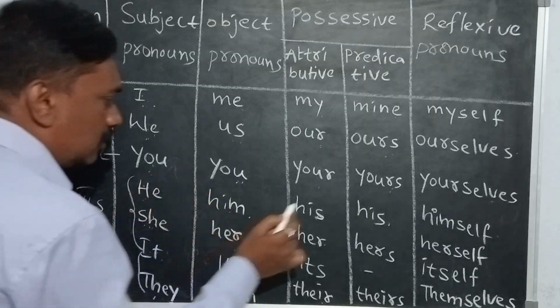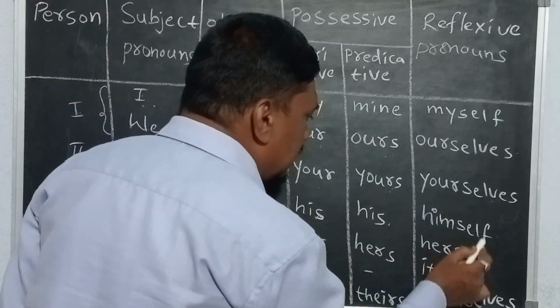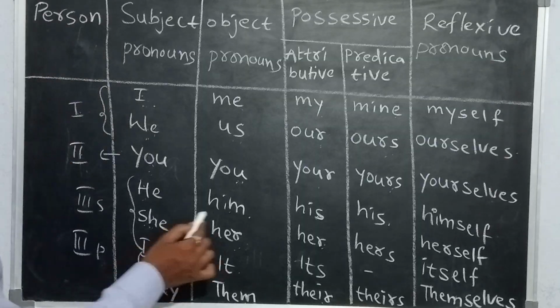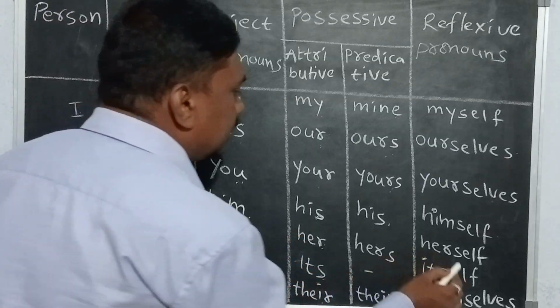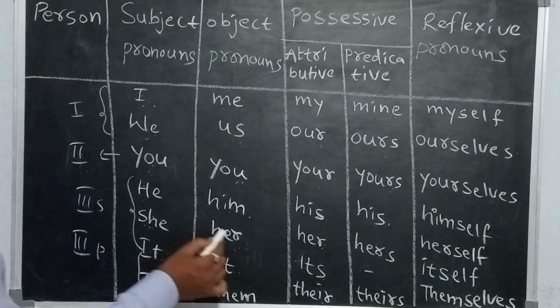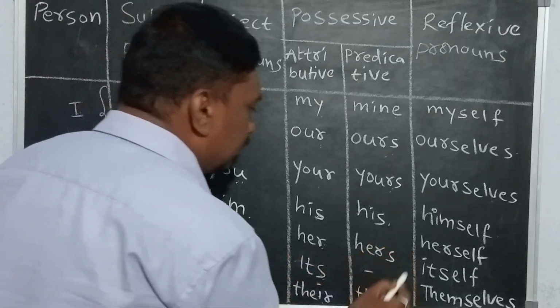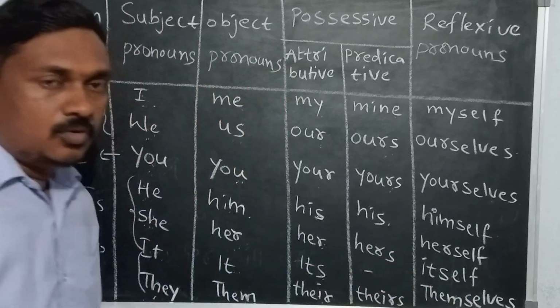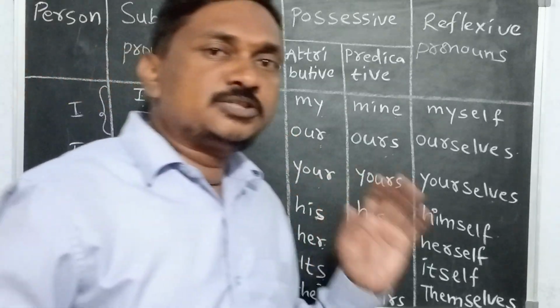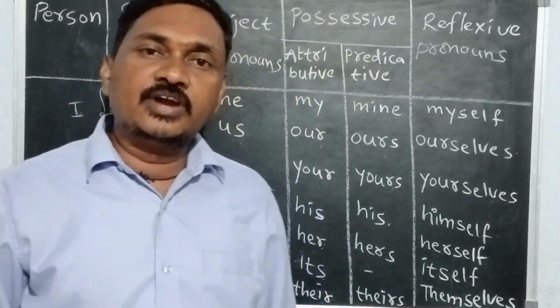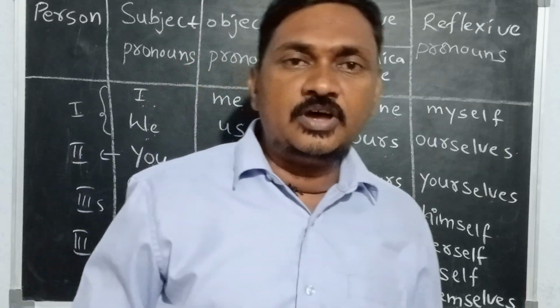She, her, hers, herself. It, its, itself. They, them, their, theirs, themselves. Okay, this is the detailed explanation about pronouns and various types of pronouns.